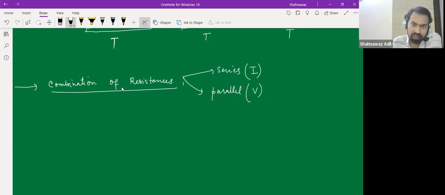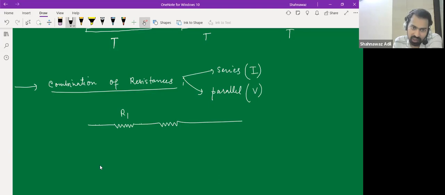So in combination of resistance, we already know that. Let's say we have these kinds of resistances. When we connect them end to end, from the end of one to the start of the next, this is called the series combination.